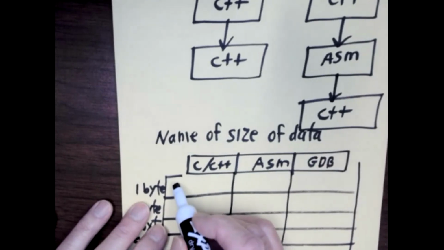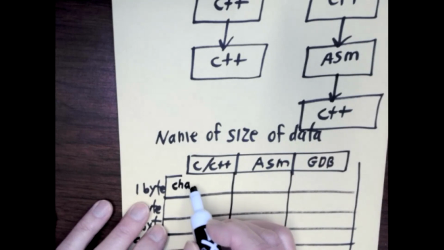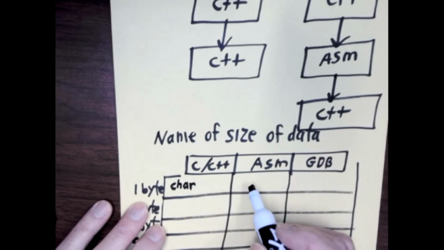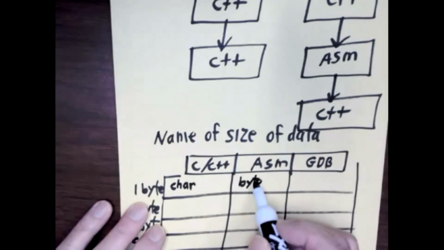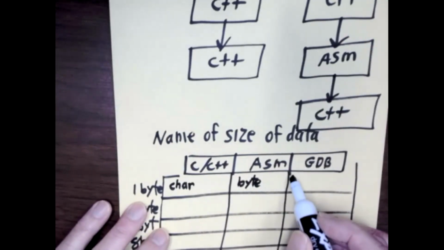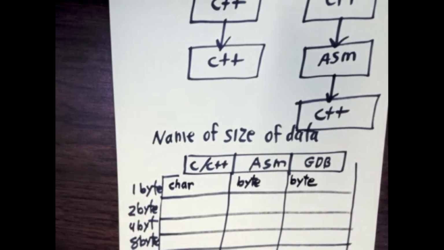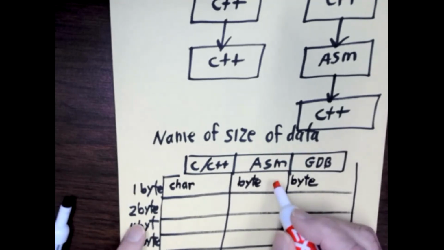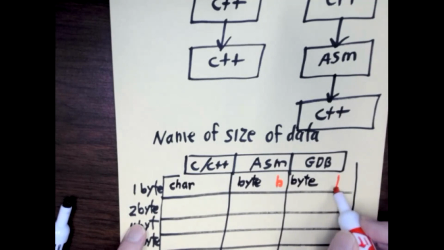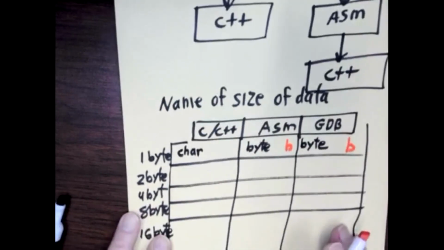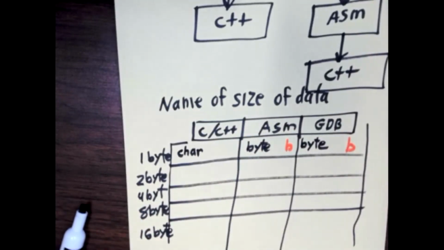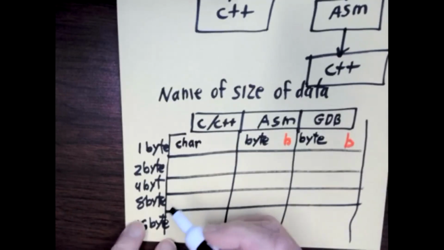In C++, that would be called a char. In assembly, that would be called byte. And GDB would also call it a byte. And these get abbreviations here. This is just B and B. All right. 2 bytes in C++ is called a short.